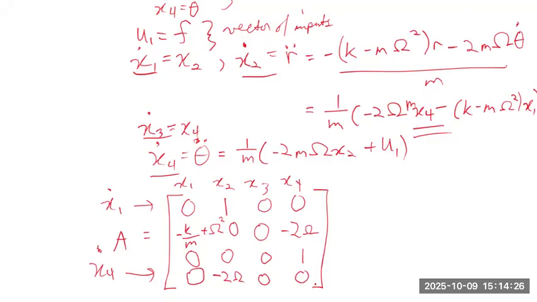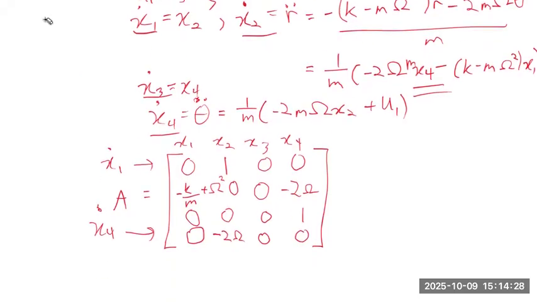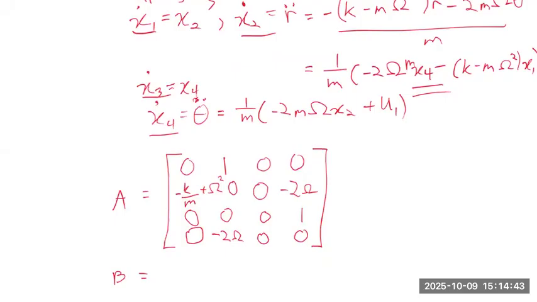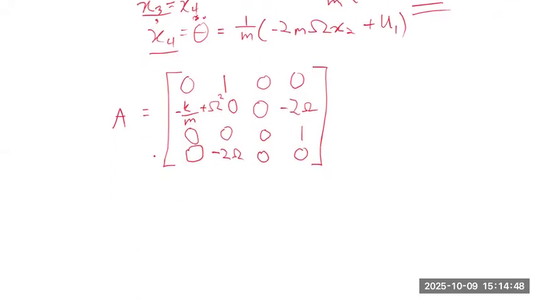So now it's time to find the matrix B, but let's clean this matrix up a little bit first. The matrix B is going to be the input matrix. And what is the input matrix going to look like?